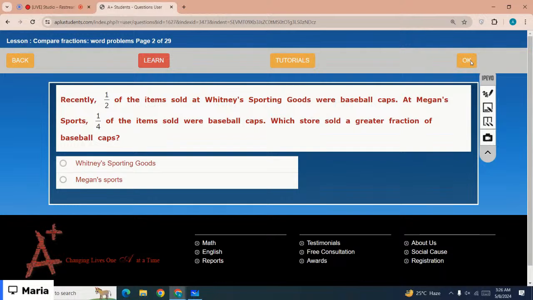Recently, half of the items sold at Whitney's Sporting Goods were basketball caps, and at Megan's Sports one-fourth of the items sold were baseball caps. Which store sold a greater fraction of the basketball caps?